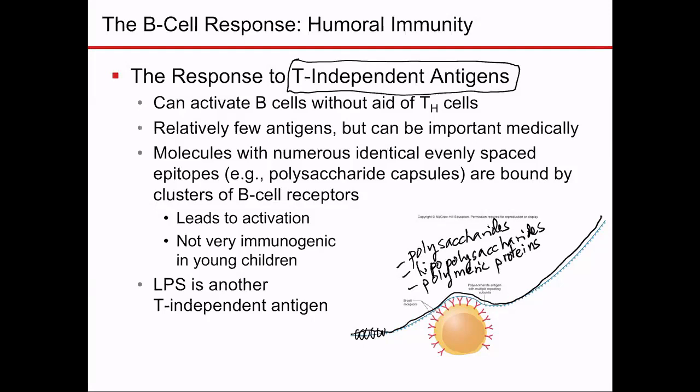Now, when you have that repetitive structure, several B cell receptors on the surface of the naive B cell could recognize the antigen at the same time. And when you have several receptors binding to the same molecule of that antigen, this will produce what we call cross-linking.